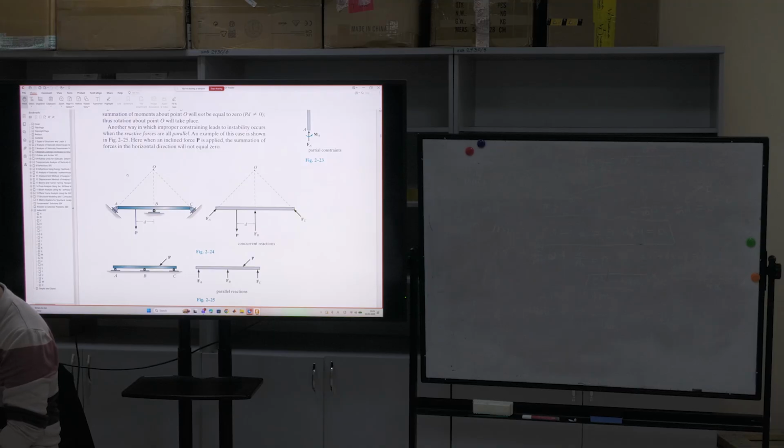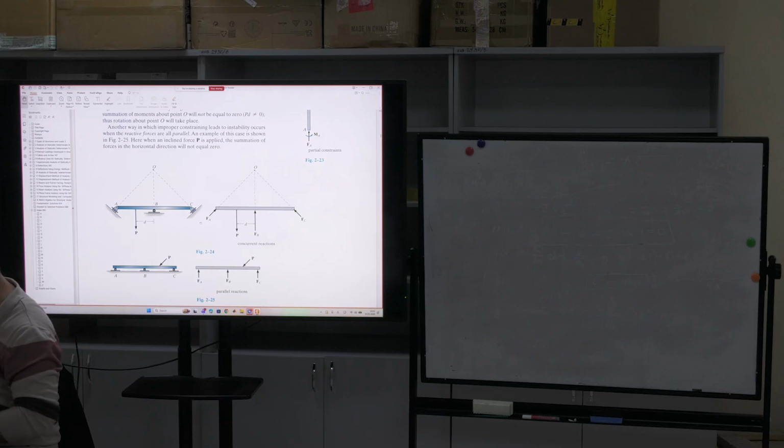Yes, statistically determinable. Why? We have three reaction forces, in the corner A, in the central part B, and point C. We have three reaction forces, and one reaction force we bring down, so we can identify the system has 3 degrees of freedom.